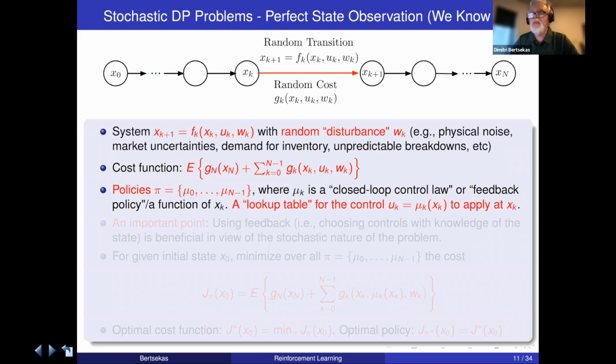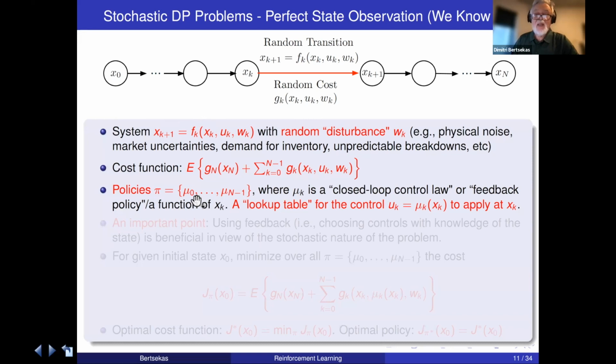When making the kth decision, we know the current state. So we can use that, and we can adapt our decision based on what state we observe that we're in. In this way, we don't have to stick with a decision that we choose. If we choose a sequence of controls at the initial state, we are not bound to that, but rather we are free to observe the current state and choose appropriately our decision.